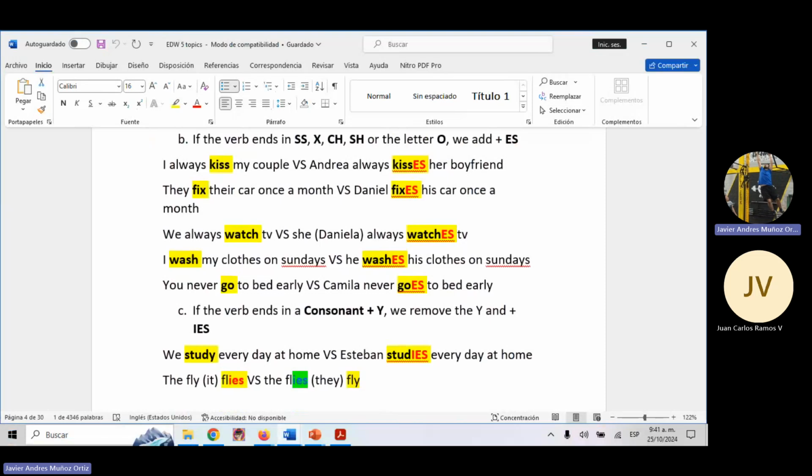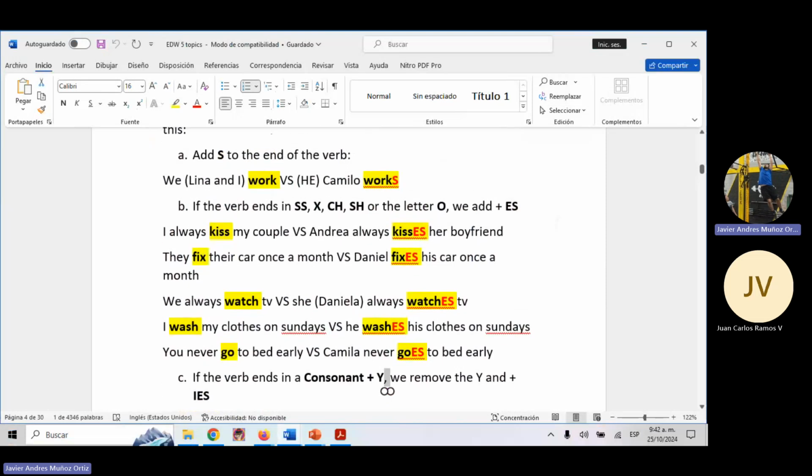How can we modify this verb? Well, the first situation, if we have a verb that ends in Y, and before the Y there is a consonant, so D, F, R, N, S, whatever, we're going to modify this Y for IES. We study, she studies. That's it.